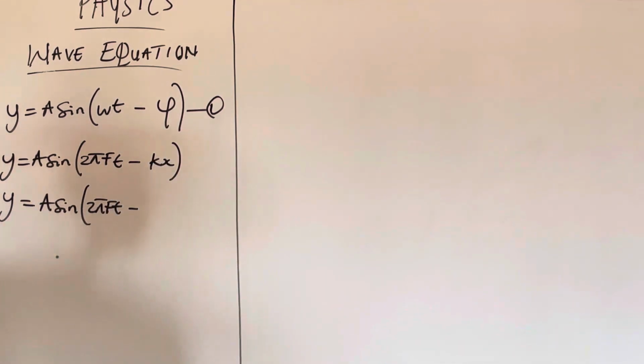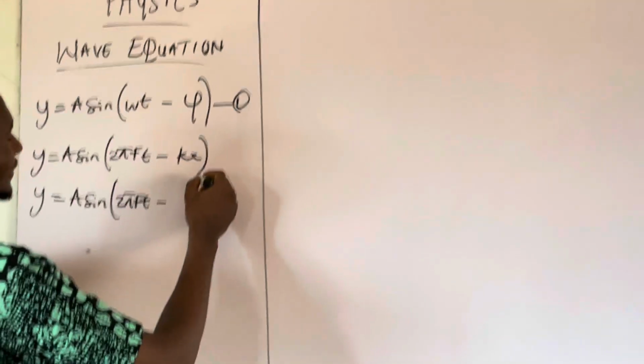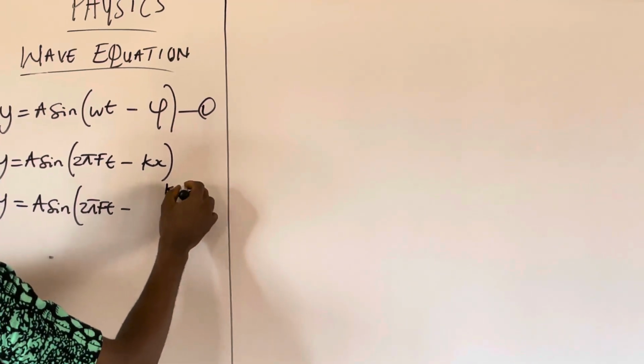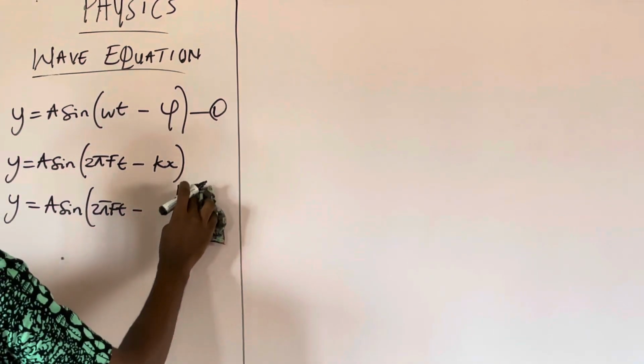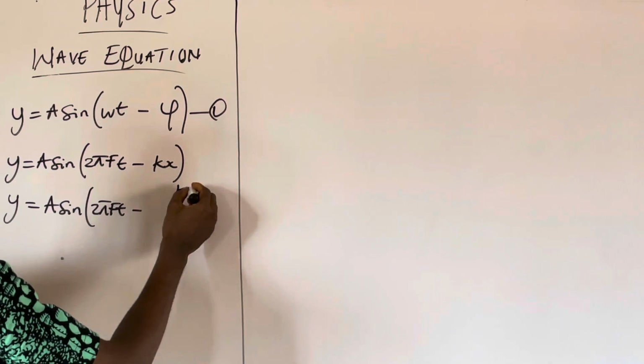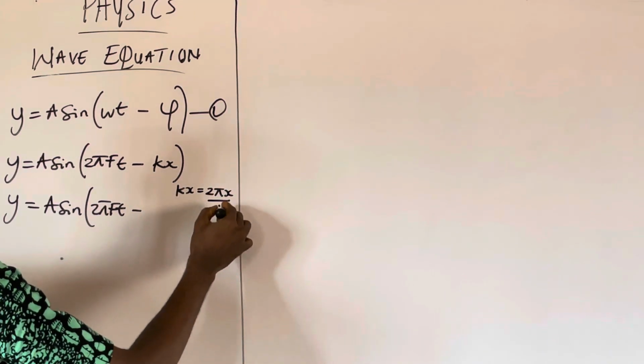Remember what our k was? Remember I told you that our k, let me write it somewhere here, tiny. Our k here is equal to, that is ks. I said k here is equal to 2 pi x over lambda.